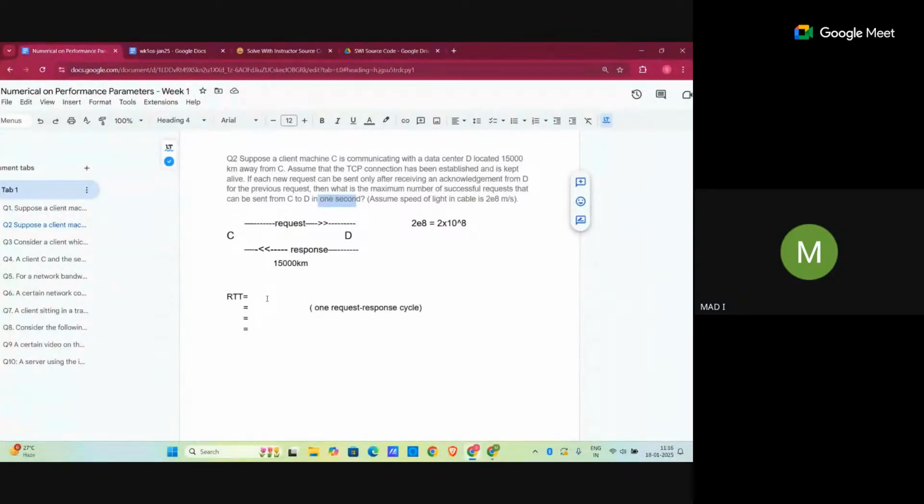The TCP connection is being made. TCP is Transmission Control Protocol. First this TCP connection is made, and only after that is data sent. If the connection is broken, there will not be any request or response cycle. The request will not go to the server or the response will not come from the server if this connection is broken. Now, this connection is alive for 1 second.